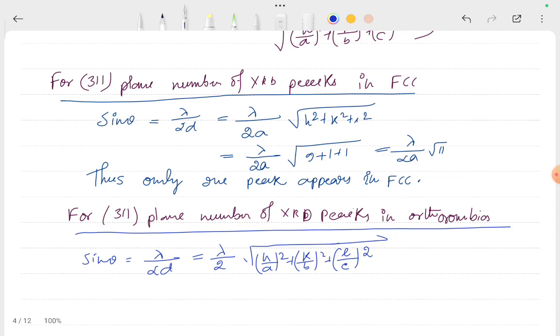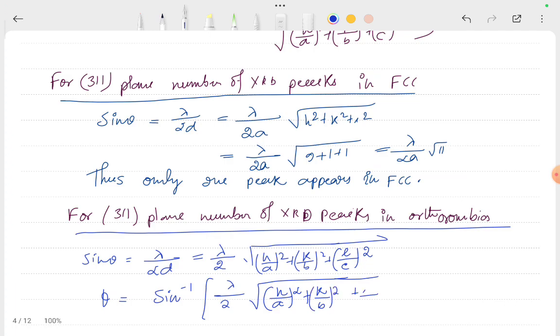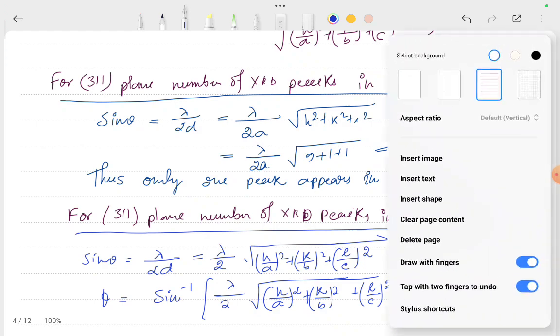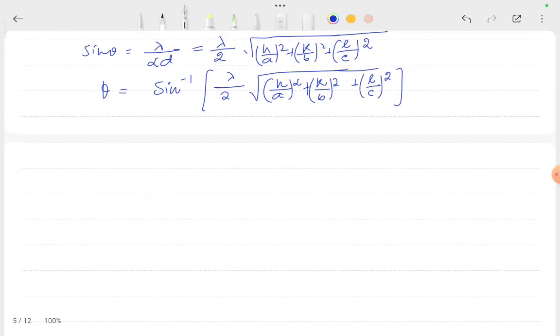Okay, this is your expression, right? So now theta is equal to sine inverse of lambda upon 2 into the square root of h by a whole square plus k by b whole square plus L by c whole square. Okay, this is the formula, very easy.